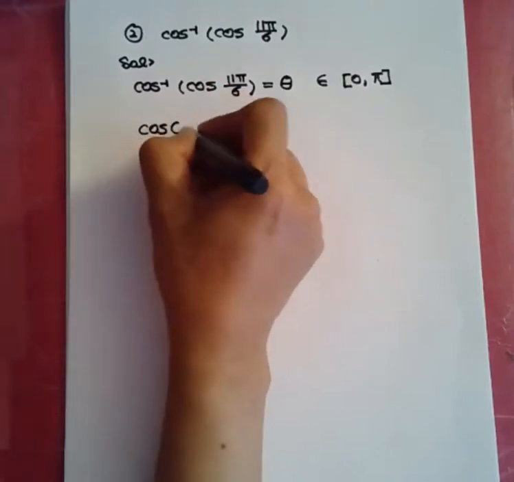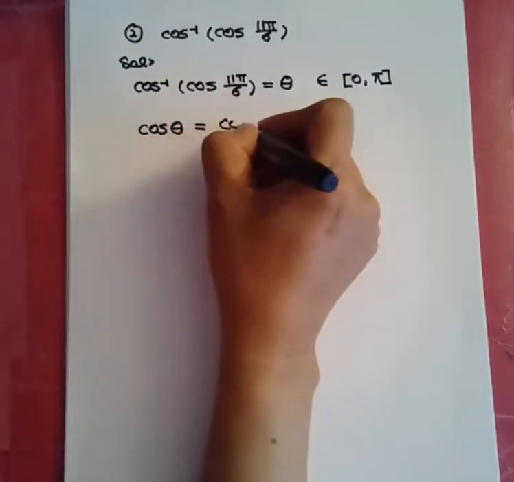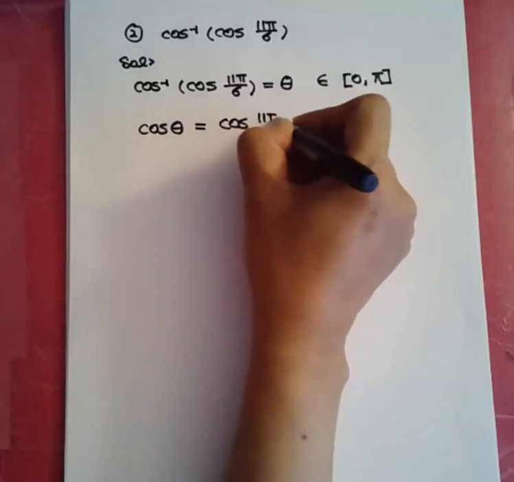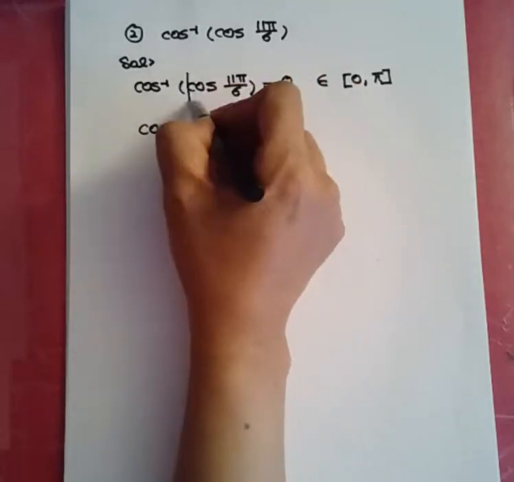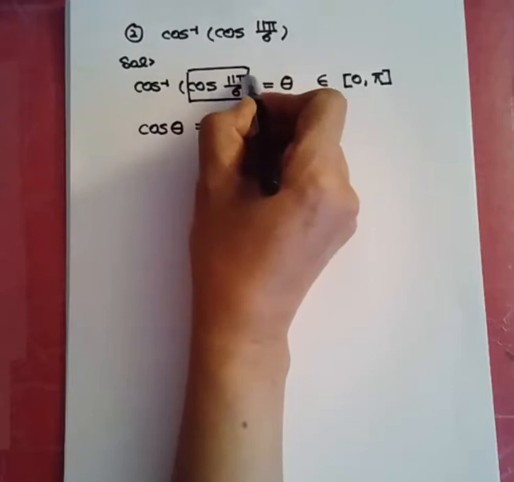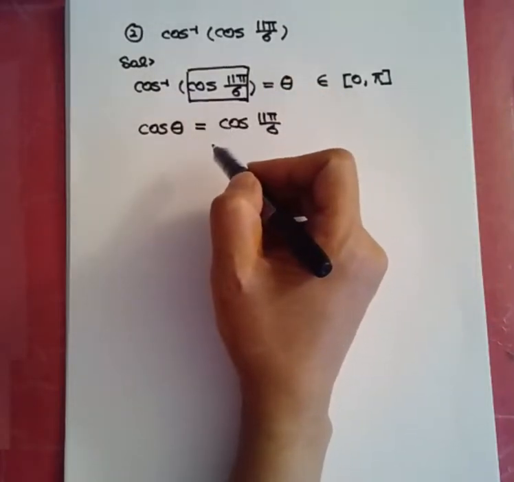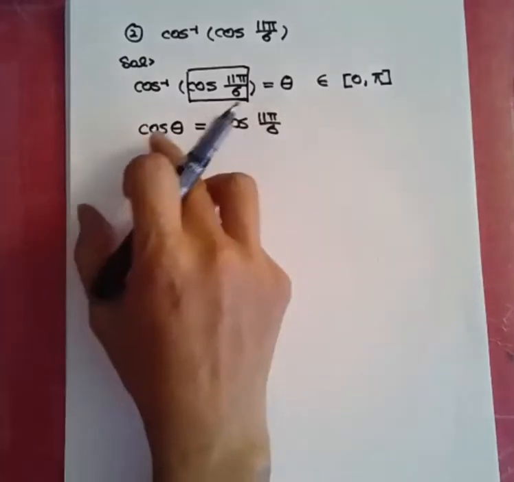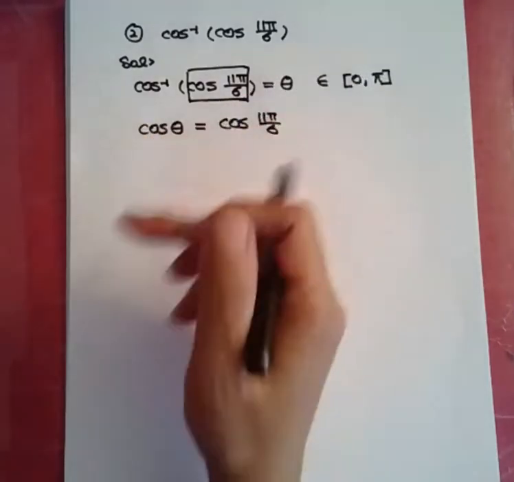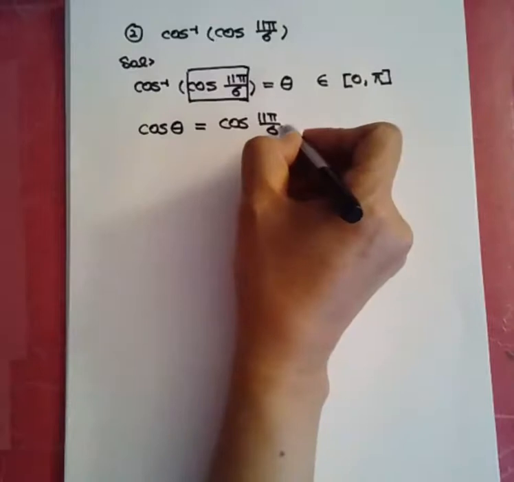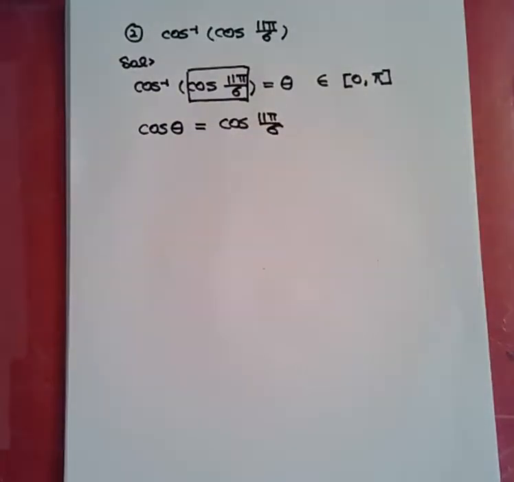Cosine of theta equals cosine of 11 pi over 6, because this is an input. So input and outputs are switched. In cosine, theta is an input and cosine of 11 pi over 6 is an output.